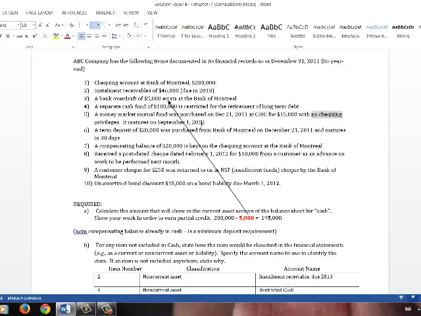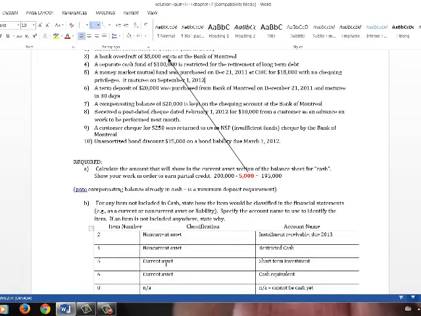But it is considered to be, because it matures at September 1st, 2012, it's within a year, but it's over 3 months from the date of purchase, so therefore it's going to be a short-term investment. So where do we have it? Number 5, as in this section here, it's a current asset, but it's a short-term investment.